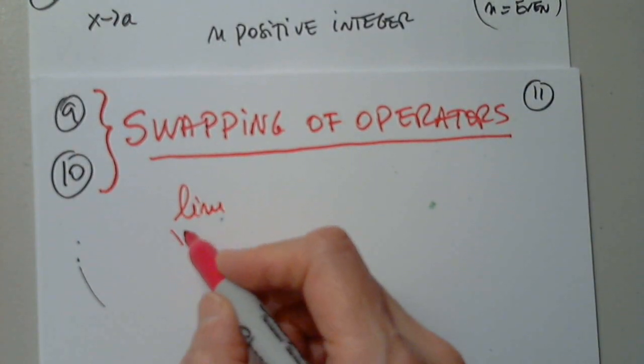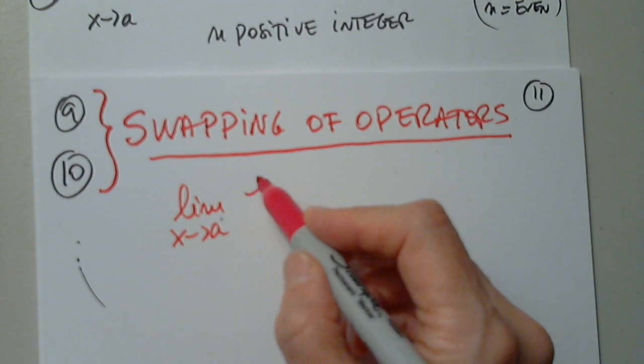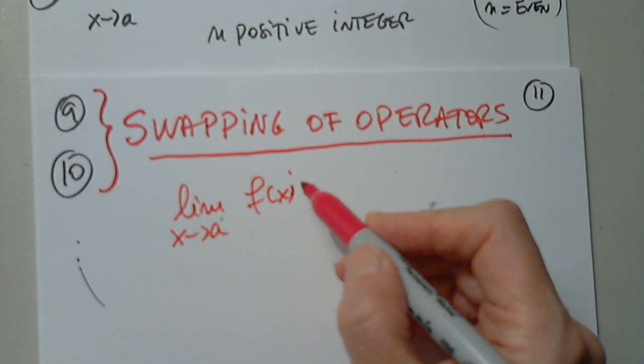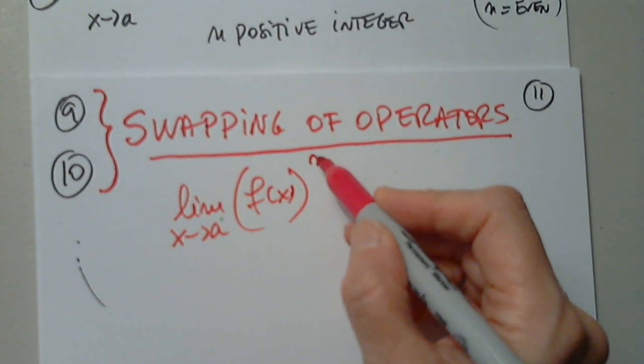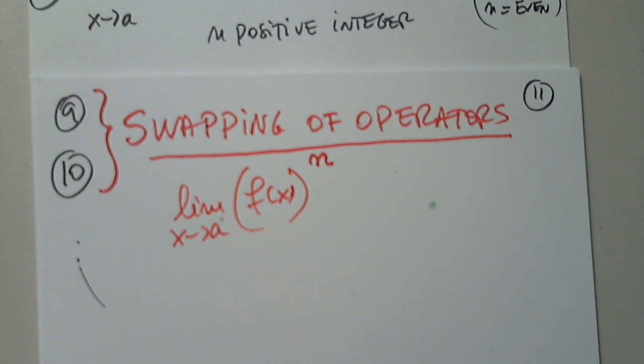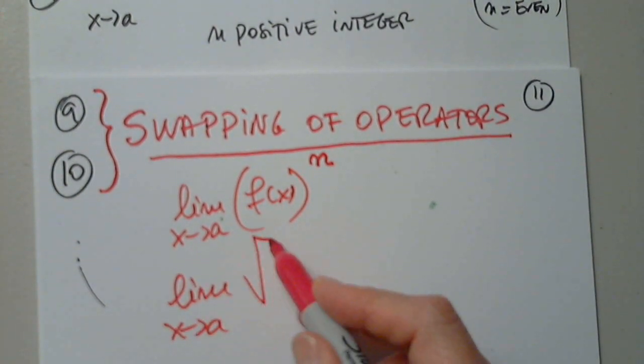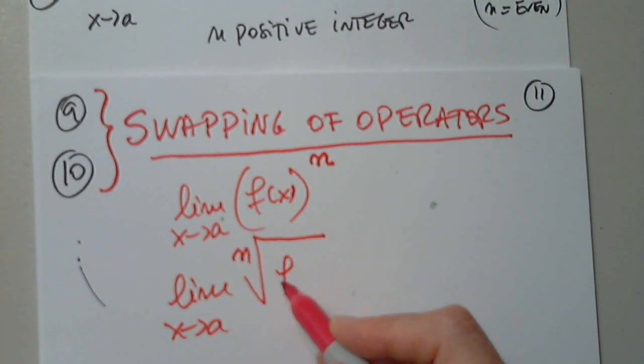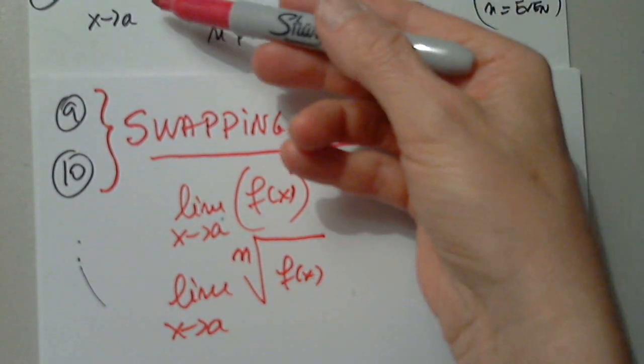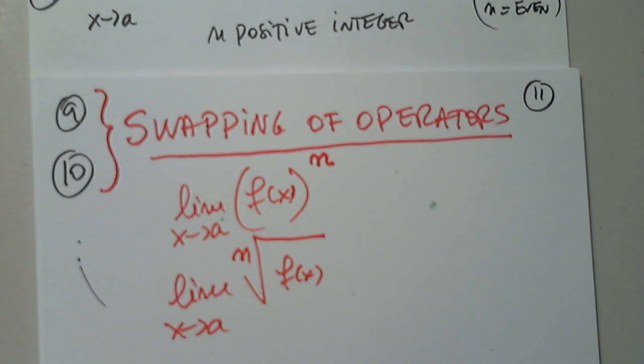So the limit as x approaches a of f of x to power n, and the other one, let me put them both here, the limit as x approaches a of the nth root of f of x. You can say what's different? Yeah, it's the same thing, but we're talking about the function now, not just plain x.